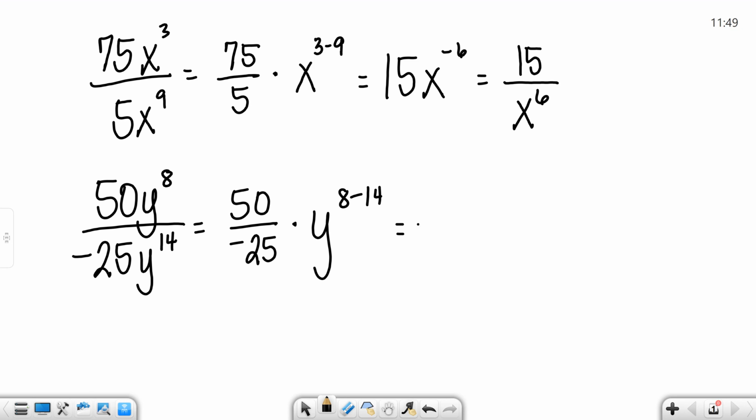So 50 divided by 25 is negative 2. And then 8 minus 14 would give me negative 6. So again, that negative 6 is my exponent, and it's only on the y. So the negative 2 is going to stay right where it is, and y to the 6th goes in the denominator.